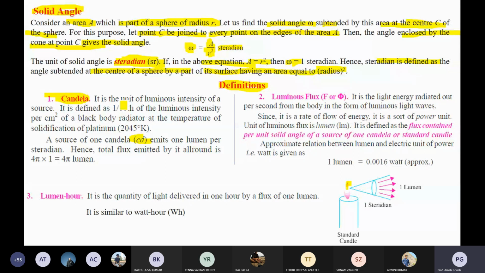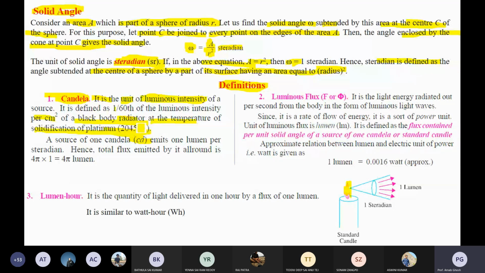So candela is a unit of luminous intensity. Intensity is like flux intensity or current intensity; here it is luminous intensity. One candela is one lumen per steradian.